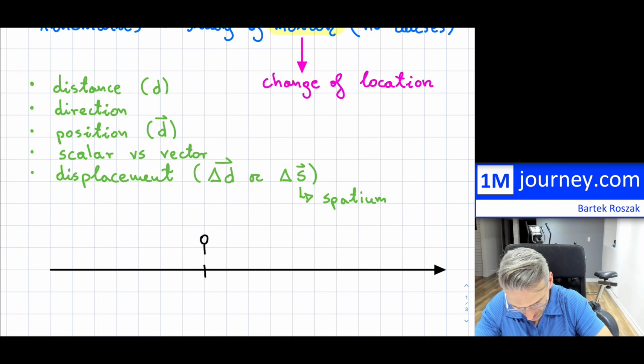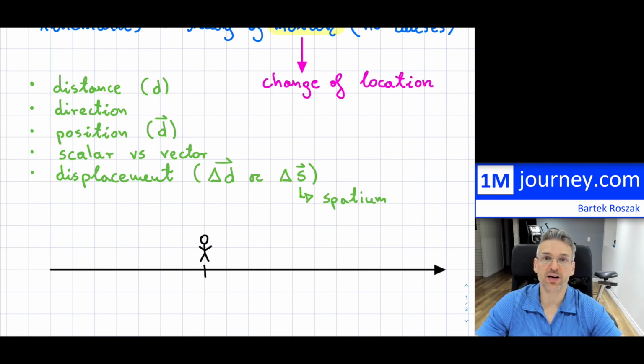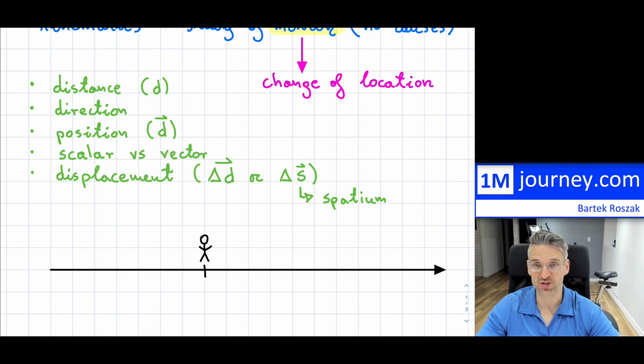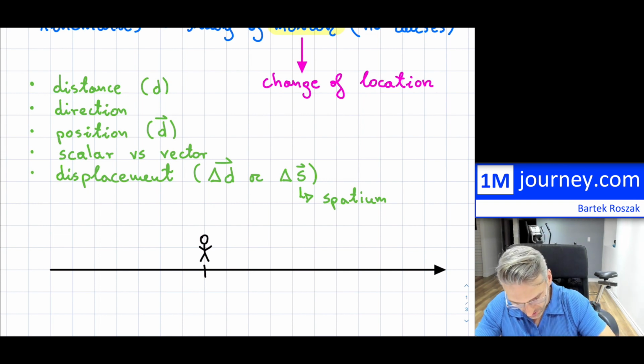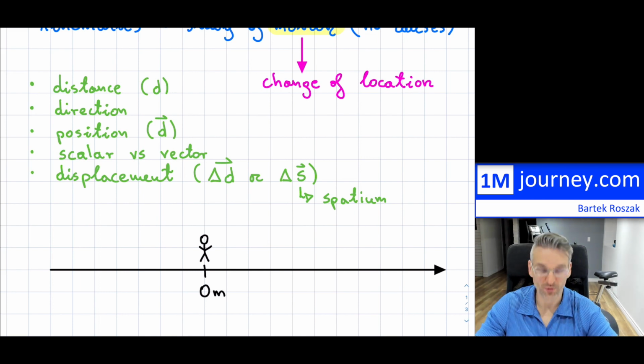So this is maybe your home or your starting position, and we will give it a reference point. We always have references in physics in terms of distances, positions, and displacements, and I'm going to start this off at 0 meters, meaning that this is the home starting point.